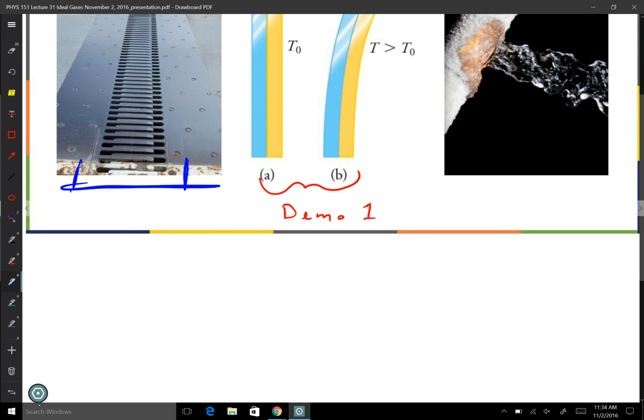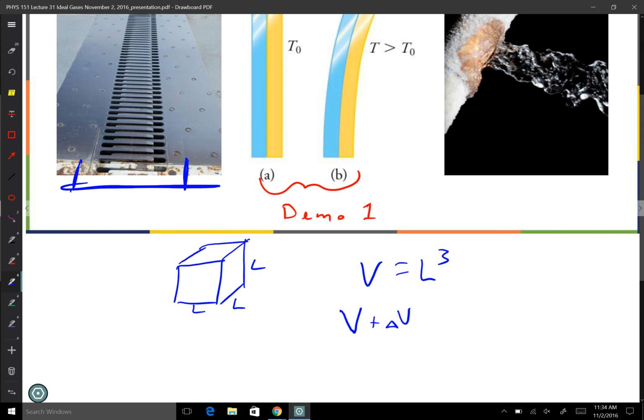If you just say, well, I have a cube that is length L on each side, then the volume is equal to L cubed, right? And so that means the change in volume, well, when you heat it up, you have volume plus delta V, that's your new volume, is going to be equal to the new length on a side, cubed.